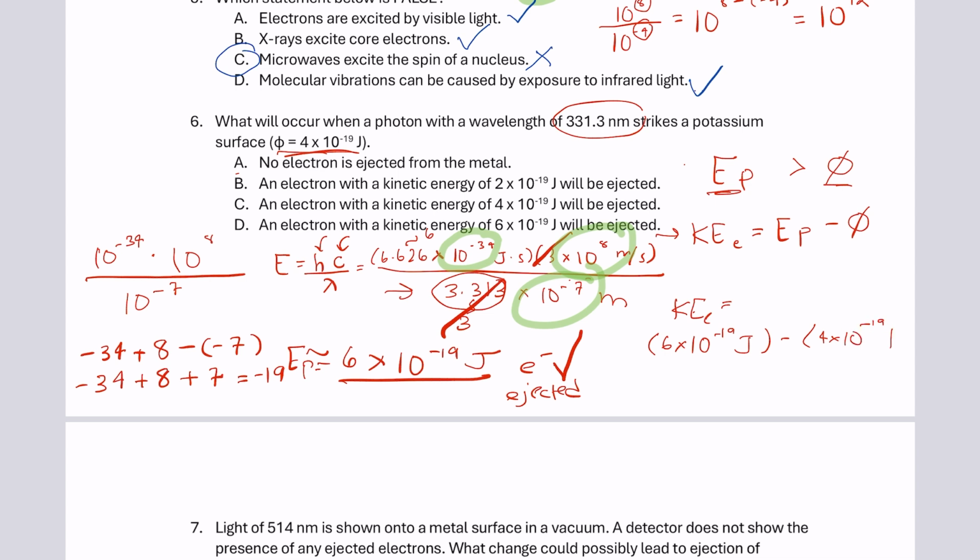To do this subtraction, we're going to go ahead and take out this common factor, 10 to the minus 19, and we're left with 6 minus 4 joules. This is going to be equal to 2 times 10 to the minus 19 joules. So we have an ejected electron that has a kinetic energy of 2 times 10 to the minus 19 joules. The correct answer for problem 6 is B.